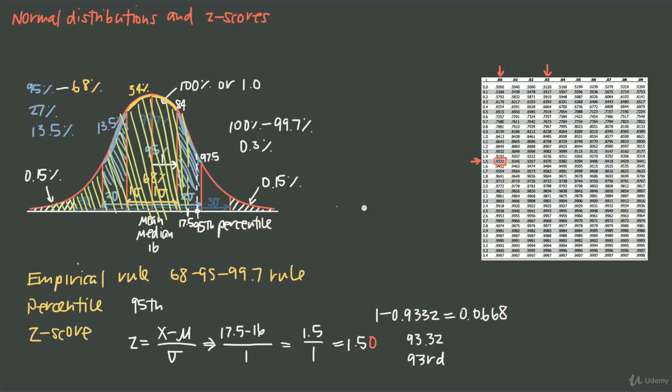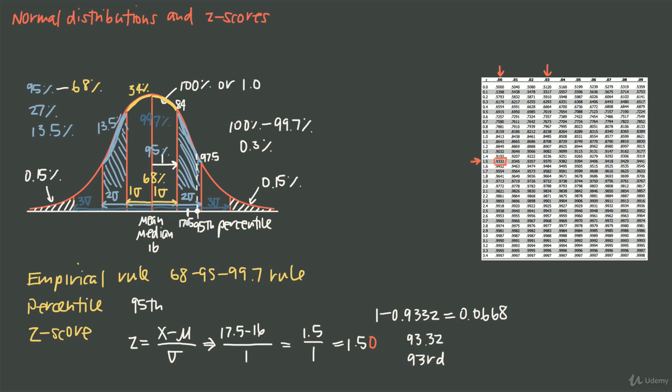Now remember we said before that a positive z-score indicated a value that was above the mean or to the right of the mean. Well, if we have a negative z-score, it indicates a value below or to the left of the mean. And that's because, going back to our example here, remember we said that the mean was 16 and we looked up a value of 17.5.